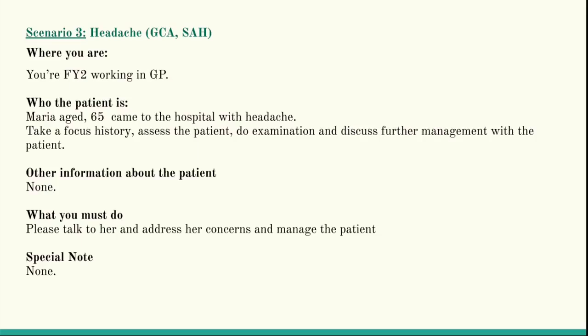You always need to do a complete head examination, because this patient is coming with headache, then definitely you will palpate around the head. You are always going to do an eye examination. So tell the patient, I'll have a look at the back of your eye. And you always need to see if there is any neck stiffness and do a complete neurological examination.